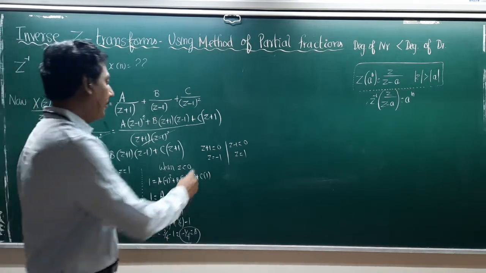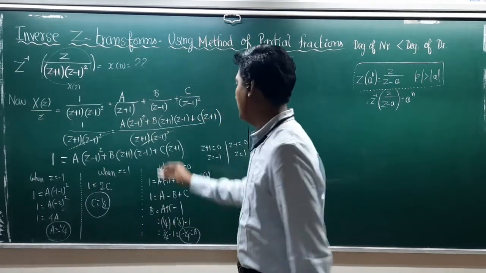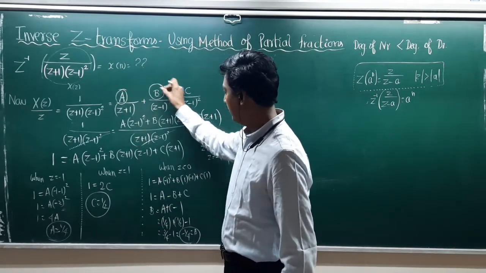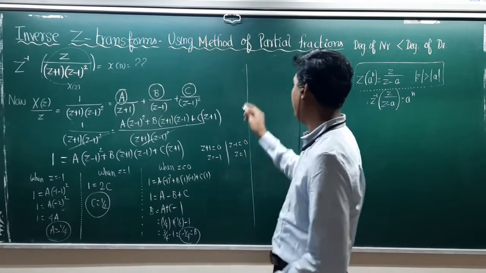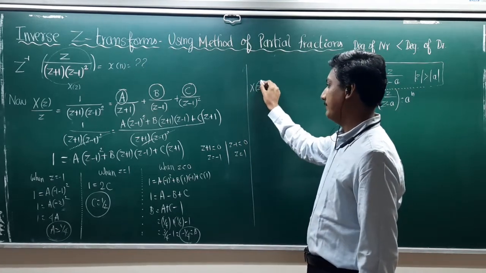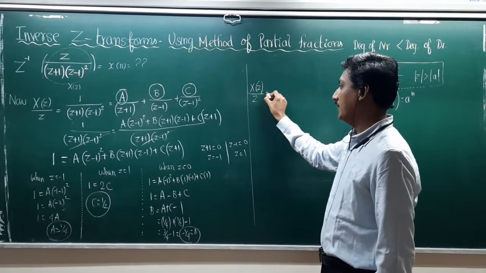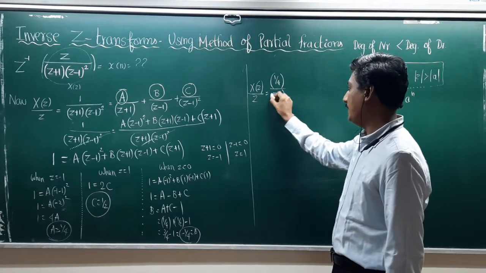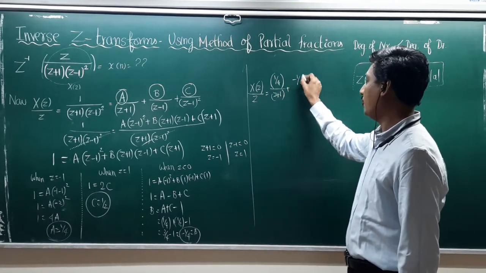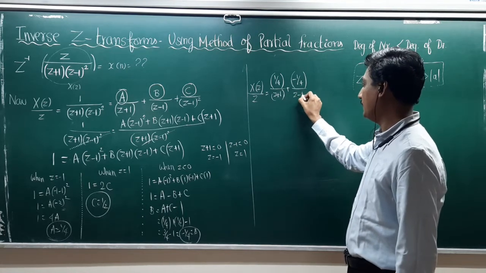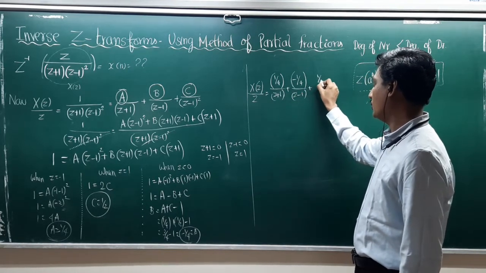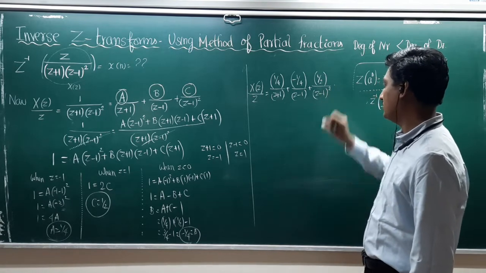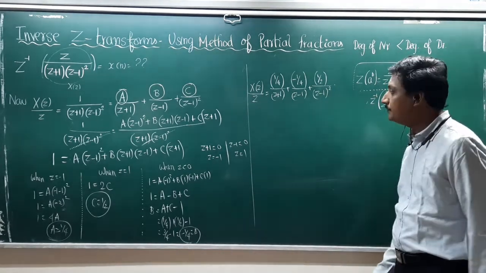Once we got the A, B, C values, let us substitute: A equal to 1 by 4, B equal to minus 1 by 4, C equal to 1 by 2. So what happened? X of z by z is equal to 1 by 4 by (z plus 1), plus minus 1 by 4 by (z minus 1), plus 1 by 2 by (z minus 1) whole squared. Yes, it's very important: z whole squared.